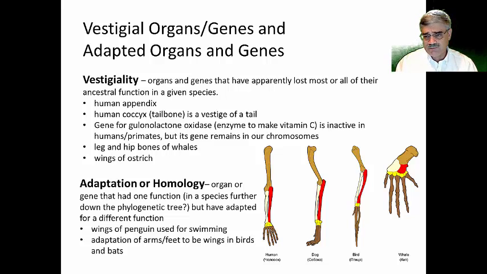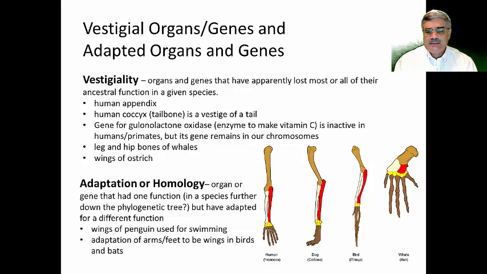An ostrich can no longer fly, but it has wings. The wings of a penguin. A penguin can no longer fly. The leg and hip bones of a whale are vestigial organs, because the whale doesn't have legs. The human appendix, an organ which no longer seems to have a function. Also, the human coccyx or tailbone, which is a vestige of a tail, which of course we do not have.